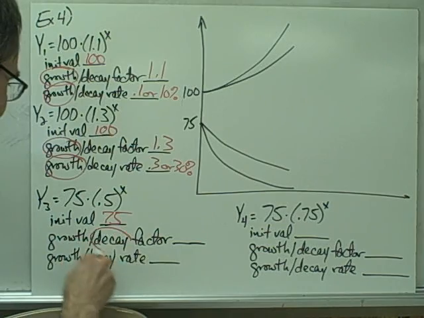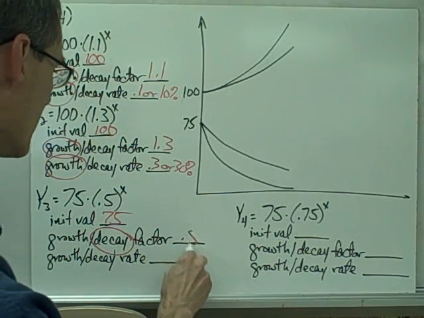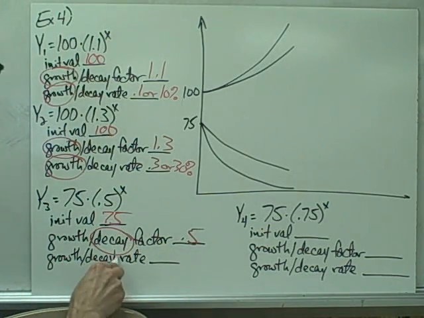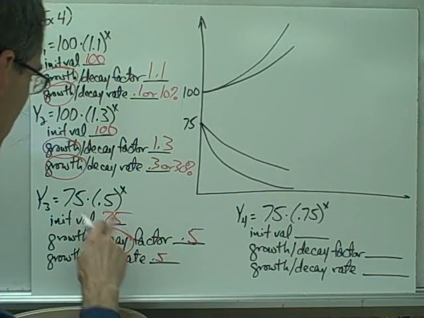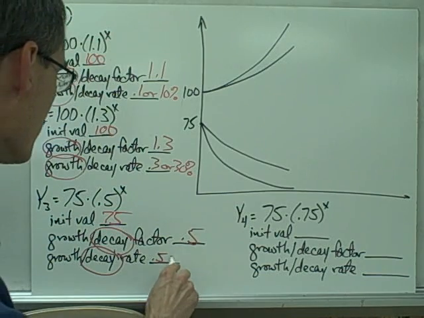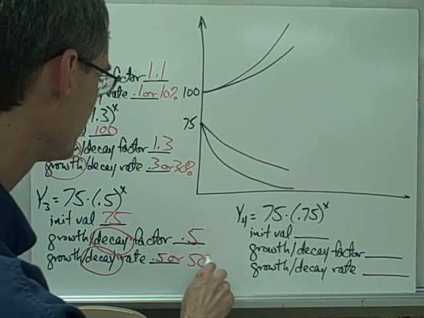All right, this one has a decay factor since it's less than 1. Decay factor is 0.5. And its decay rate is going to also be 0.5 because that's 1 minus 0.5. So 0.5 or 50%.